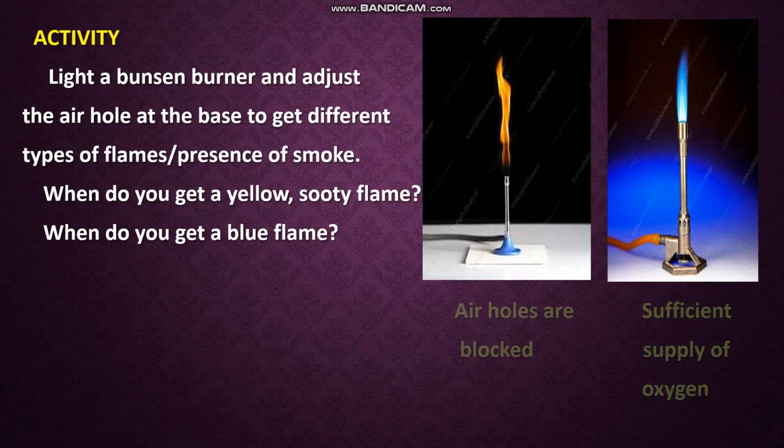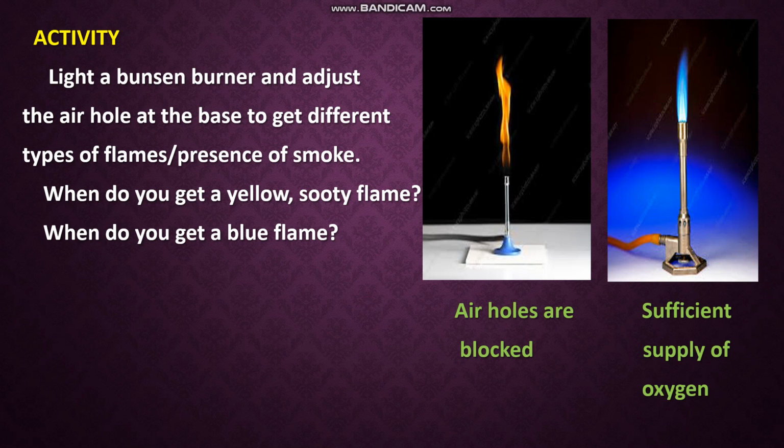So we can see that when the air holes are blocked, we get a yellow sooty flame. When there is a sufficient supply of oxygen, that means the availability of oxygen is enough, we get a clean blue flame. What does it indicate? When there is a sufficient amount of oxygen, complete combustion takes place and we get a clean flame.